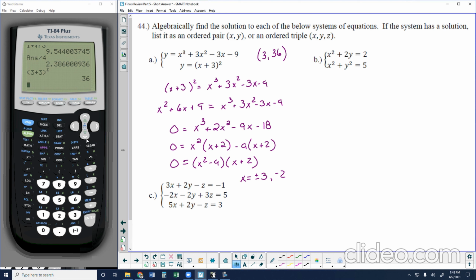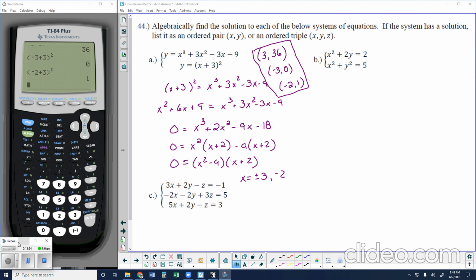I can also substitute in a negative 3, and a negative 3 plus 3 quantity squared would give me 0. So negative 3, 0 would be a solution. And I can substitute in negative 2. So negative 2 plus 3 quantity squared would give me 1. So negative 2, 1 would be a solution. So this system has 3 solutions, each of them being an ordered pair.